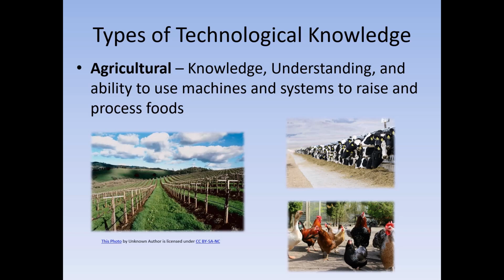But I also want you to write down some of the context and some of the narrative that I'm giving you, okay? So when we're talking about knowledge to use machines and systems to raise and process foods, you'll see these pictures. There's a field of crops, vegetables, and different things that we eat.